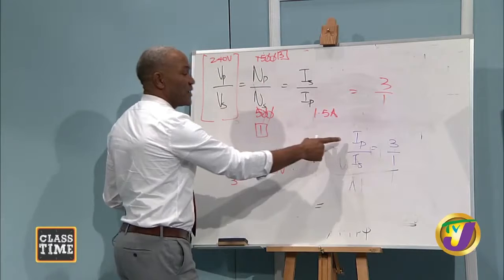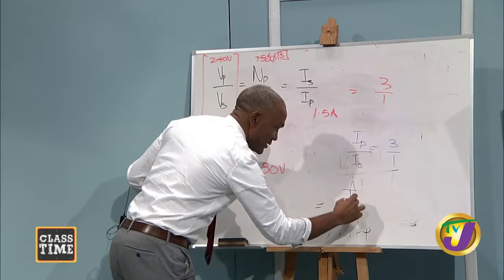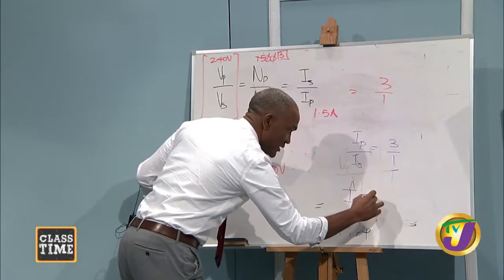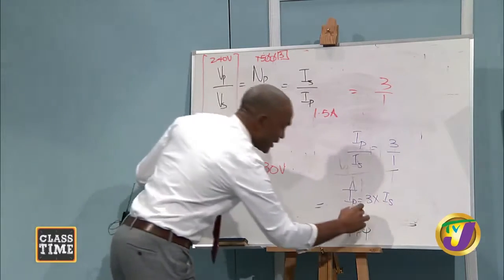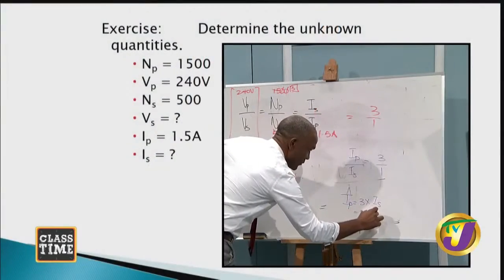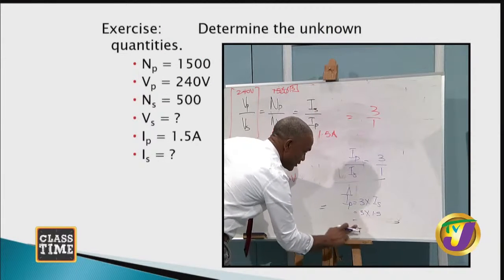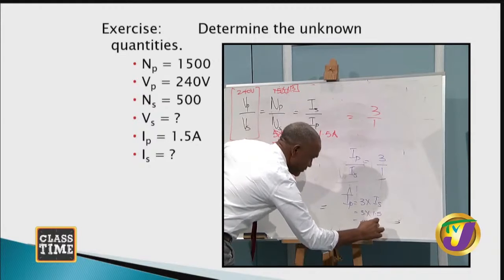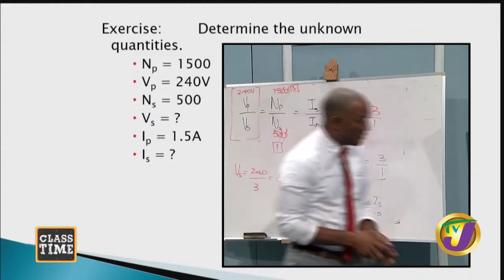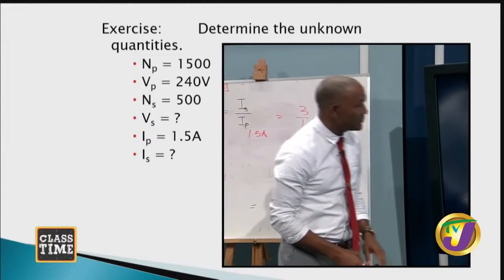So what do I do to find Ip? I said Ip is equal to 3 times Is. Isn't that right? And 3 times 1.5 gives me, don't say 45, but 4.5 amp. Very good. So we can look at what we have here.